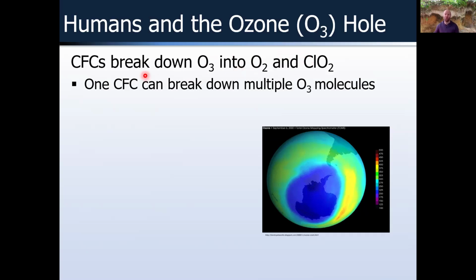One CFC is a component we used to use in refrigerants, like in your refrigerator. When that CFC leaked out of a refrigerant into our atmosphere and made its way up into the stratosphere, that one CFC molecule could break down thousands of ozone molecules.